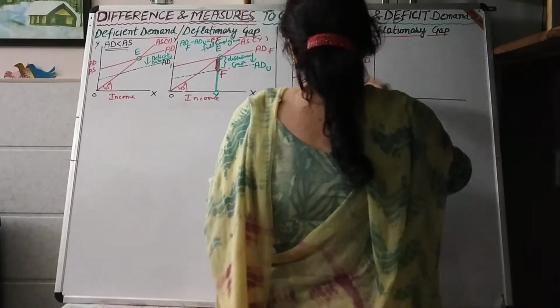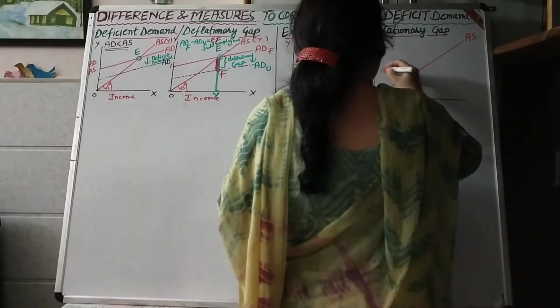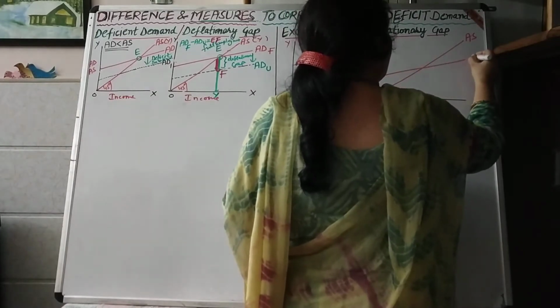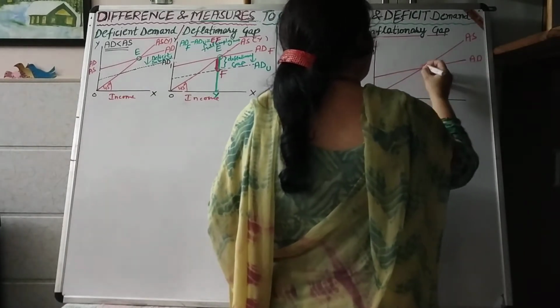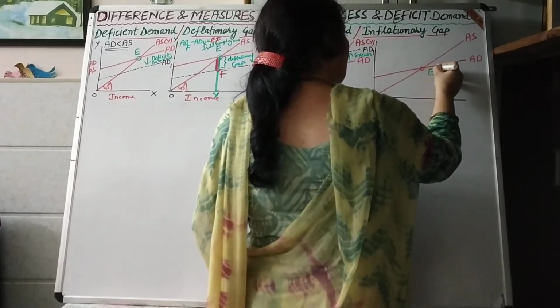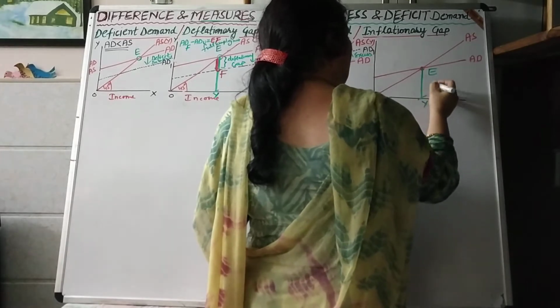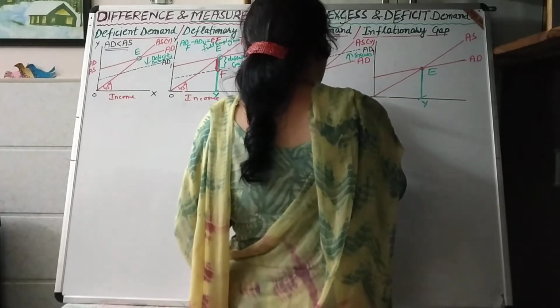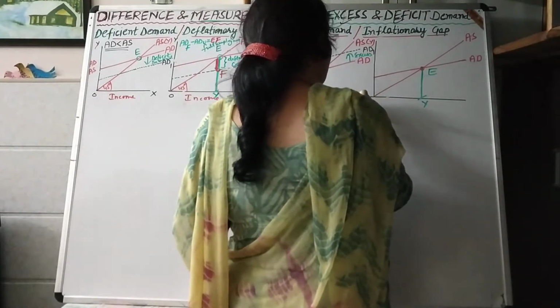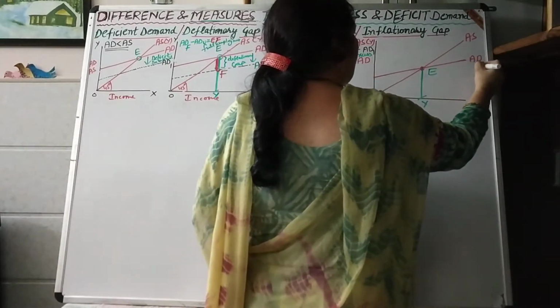And now inflationary gap. Aggregate supply, AD. This is full employment level E, and this is EY. That represents the demand. EY represents the demand at full employment level.